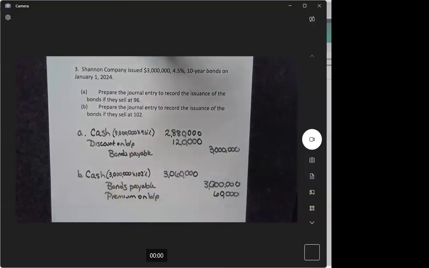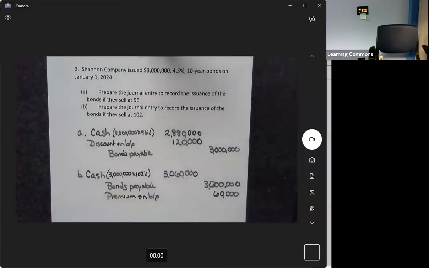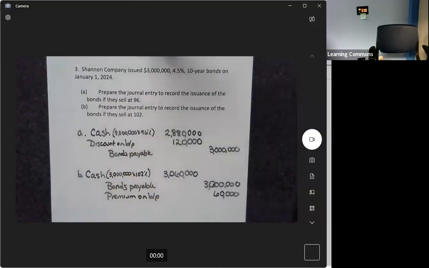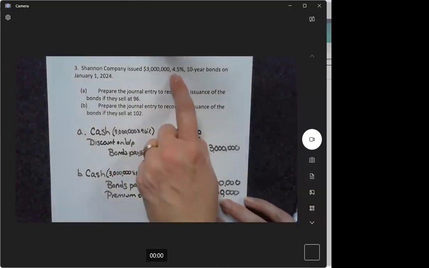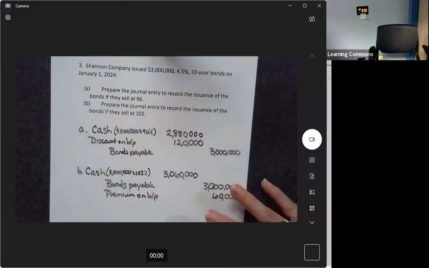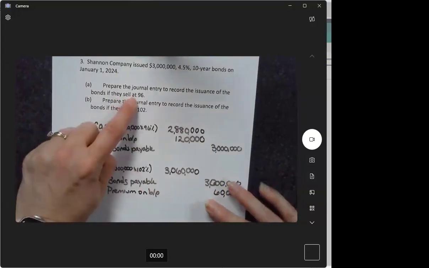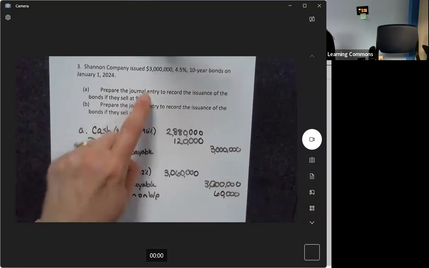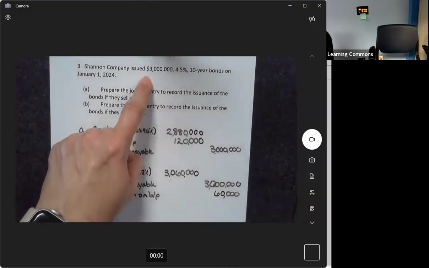Okay? If our bonds are paying lower interest than everybody else, we have to discount our bonds to get people to buy them. Because otherwise nobody would buy our 4.5% bonds when they can buy somebody else's that are paying higher interest. So when our bonds sell, for instance, here at 96, that means the cash we receive is not the whole $3 million.